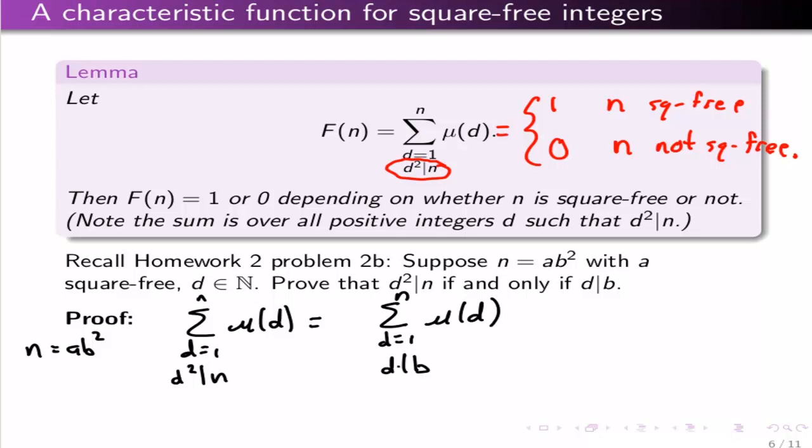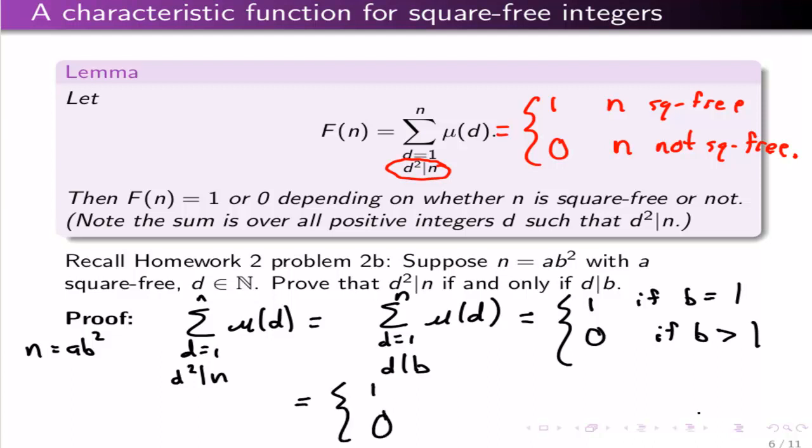Aha, now we're just down to the characteristic property we started with. You're summing over all the divisors of b. Well, that's going to equal 1 or 0. It'll equal 1 if b equals 1. And it'll equal 0 if b is greater than 1. Well, what does that mean?